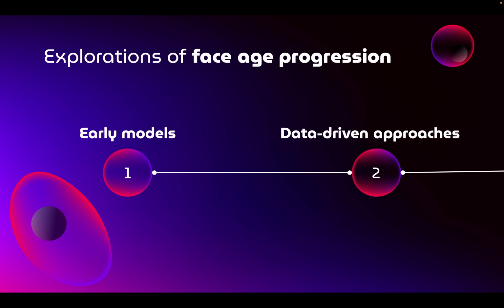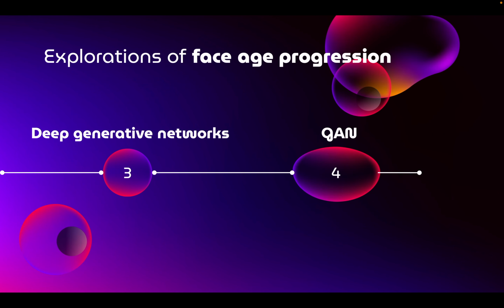Second, we can see that we advanced to the data-driven approaches, and basically they were focusing on learning aging patterns from training faces. We learned about methods like the prototype-based method, considering illumination factors and multi-attribute decomposition. Recent attempts involve deep generative networks.